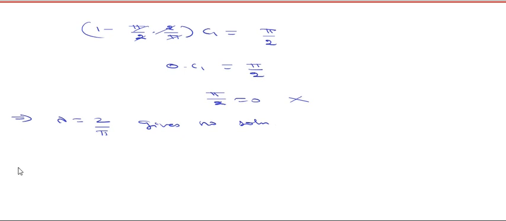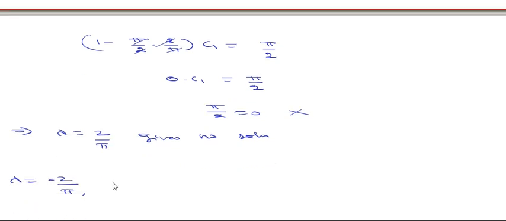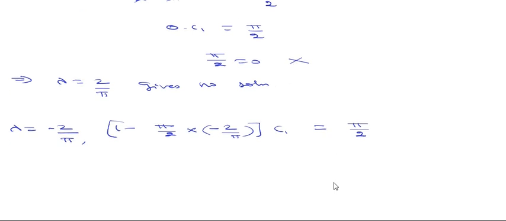Next we will see what happens when lambda is equal to minus 2 by pi. In equation 1, we place 1 minus pi by 2 into minus 2 by pi into c1 equal to pi by 2. These two cancel, so 1 plus 1, that is 2 c1 equal to pi by 2. So this implies c1 equal to pi by 4.